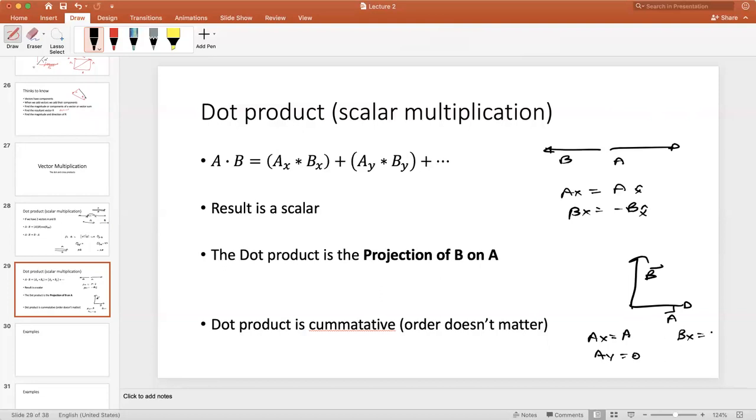B of X is 0 and B of Y is B. So when we dot them, we'd have A times 0 plus 0 times B, and we get nothing. The reason why is what you're getting out of the dot product is what's called the projection of B on A, or A on B.